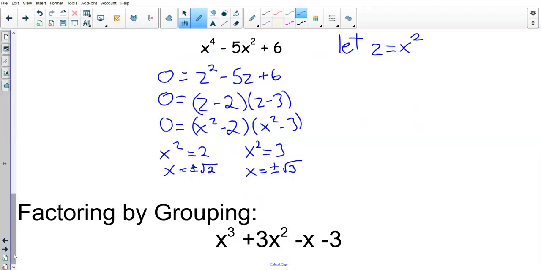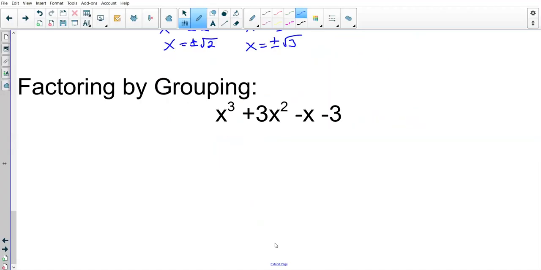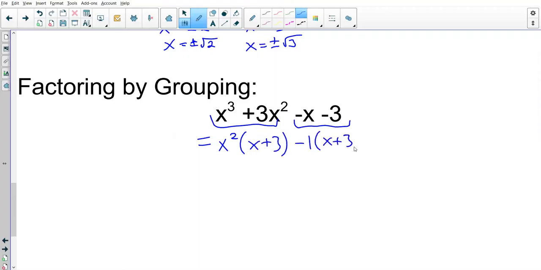Last thing for factoring, we took a quick look at this a little while ago. A little bit of factoring by grouping. So in this one, I look at the first two terms, and the second two terms. I have an x squared common in those first two, so that leaves me with an x plus 3. There's a negative 1 common in the next two. That leaves me with an x plus 3.